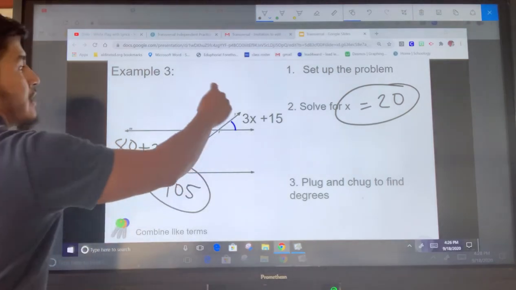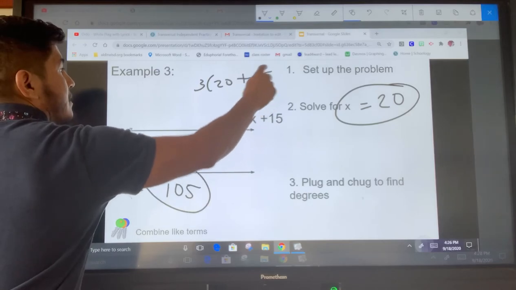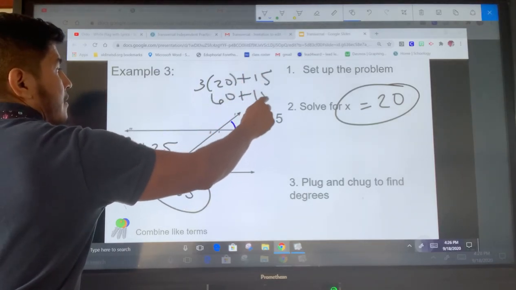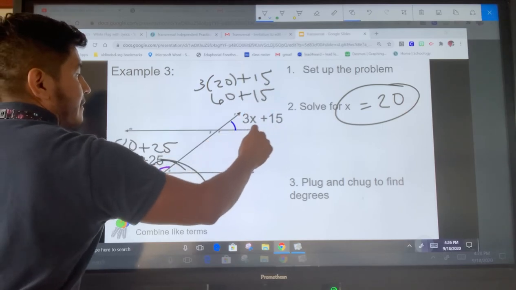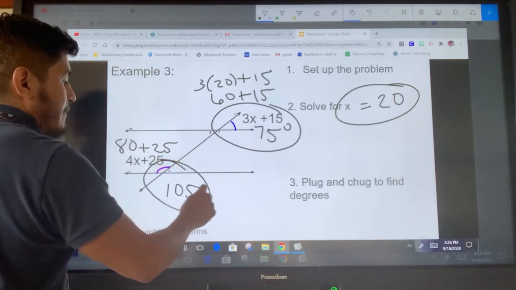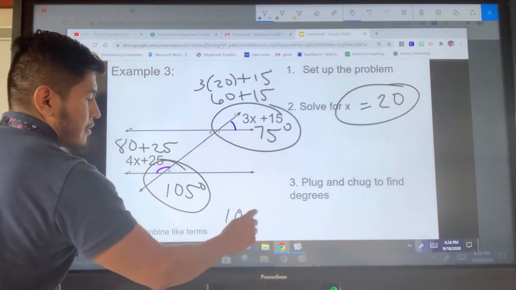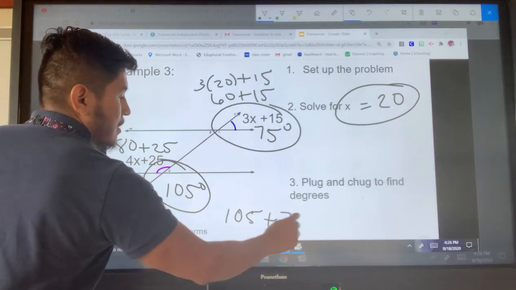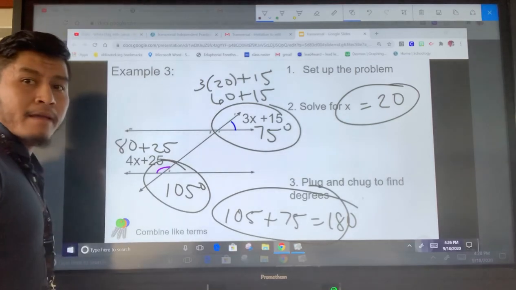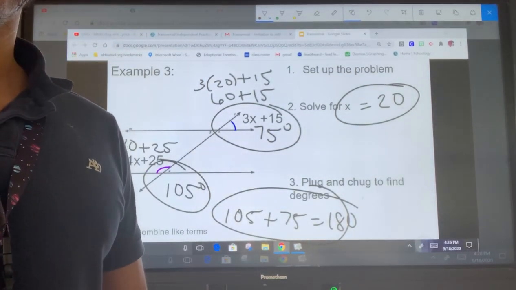And then 3 times 20 is 60, plus 15 gives us 75 degrees. And if you add them, guess what? Acute plus obtuse equals 180. You're done. That's pretty much it. Any questions, please come to small groups or office hours.